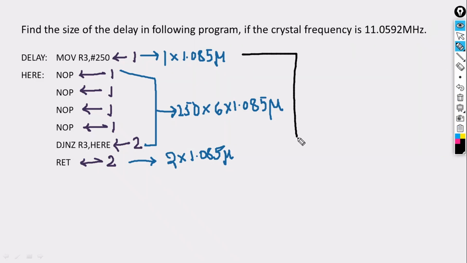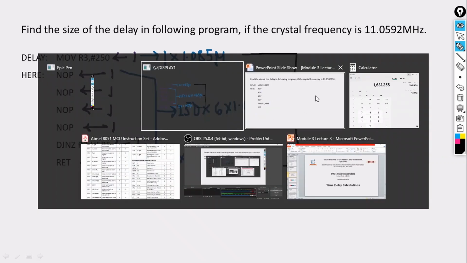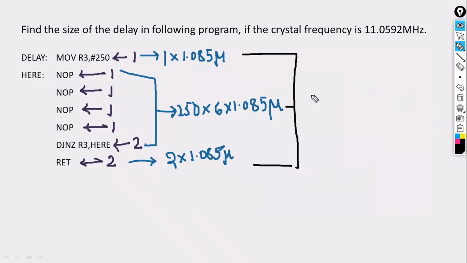If I add up all these values, I'll get 1631.255 microseconds. If we convert this into milli, I'll be getting something like 1.63 milliseconds.